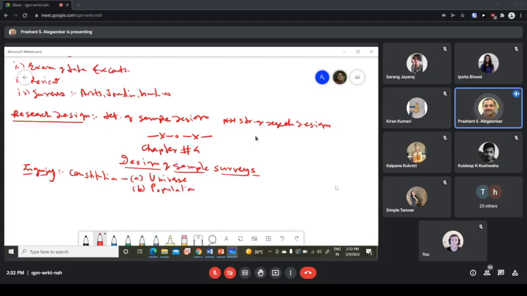But it is very impractical, because we are around, let us say, less than 150 crore people, and having everyone's income inquiry is a very difficult task.